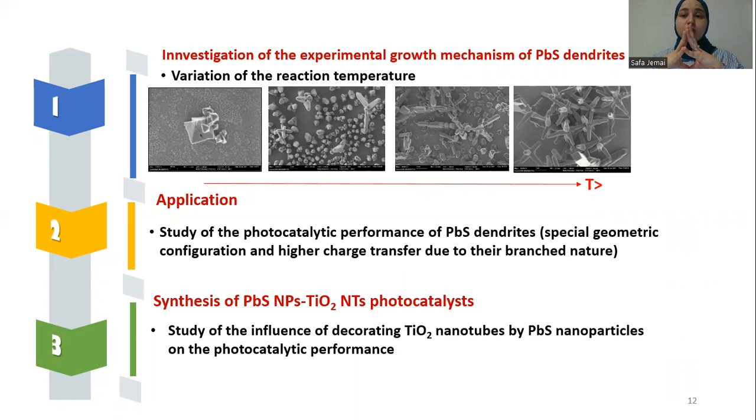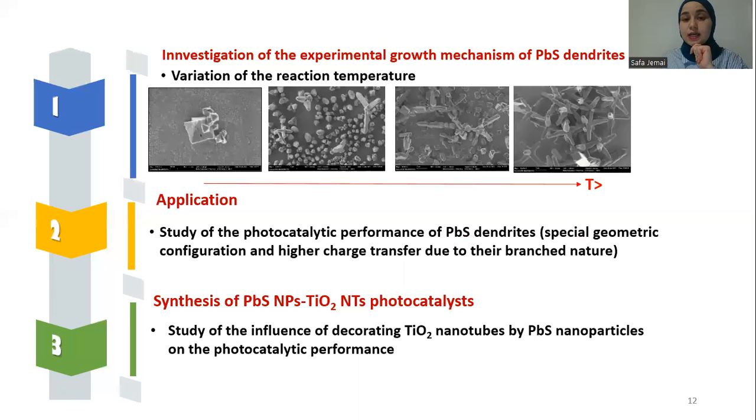And finally, we will try to associate the PbS nanoparticles with titanium dioxide nanotubes, seeing that titanium dioxide is considered a wide gap semiconductor. We will study the influence of decorating titanium dioxide nanotubes with PbS nanoparticles on the optical properties and absorbance of the nanotubes, and also study the photocatalytic performance of photoanodes of PbS nanoparticles on titanium dioxide nanotubes.